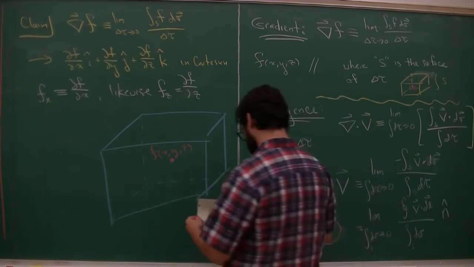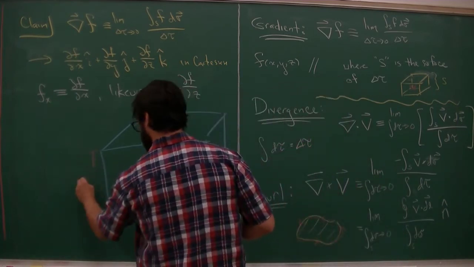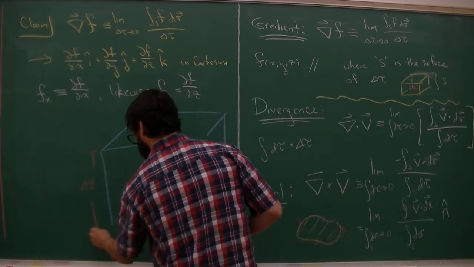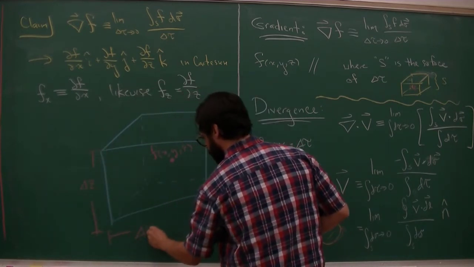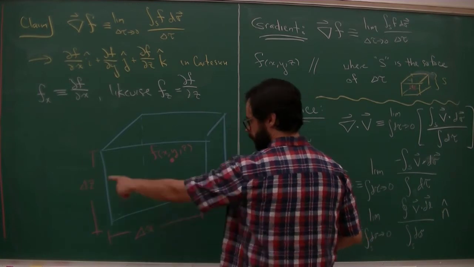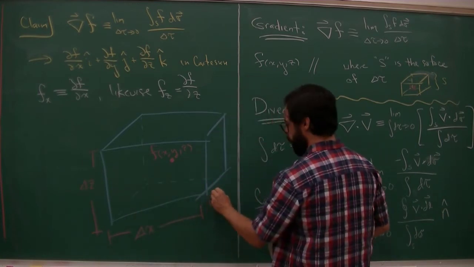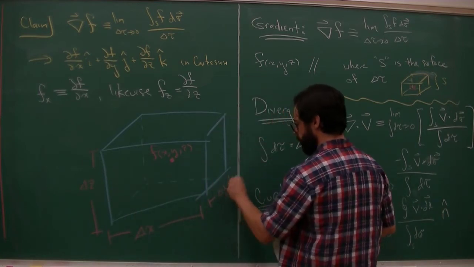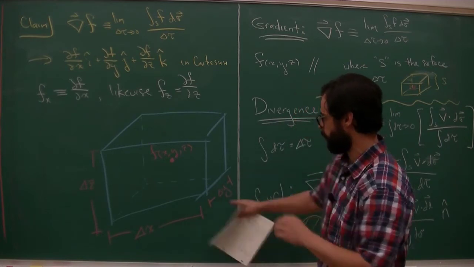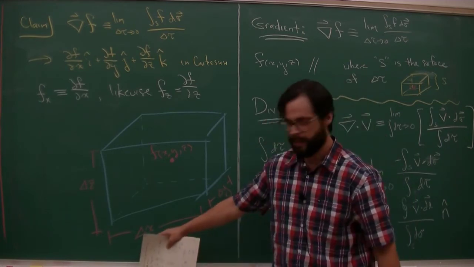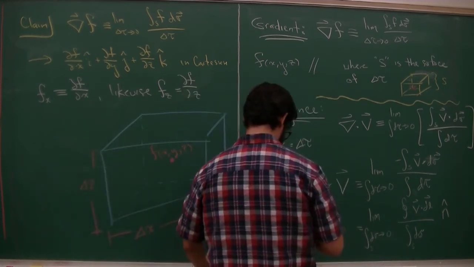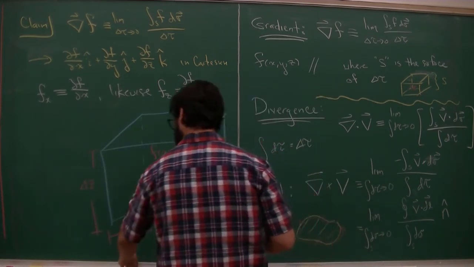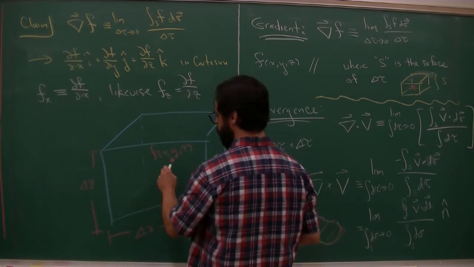This box is going to have dimensions, not much of a spoiler, delta x, delta y, delta z, and we're going to ultimately shrink these down into differential sized bits. We take a limit as we go to dx, dy, and dz, and get our derivatives that way.